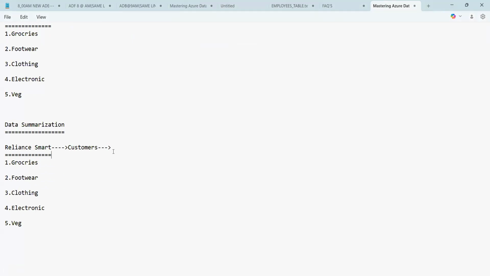Are you going to buy all the products, or only some? Do we require footwear? No. Clothing? No. Electronics? No. Vegetables? Yes, and some groceries are also needed. So out of all the products, you are going to shortlist only two kinds of products.